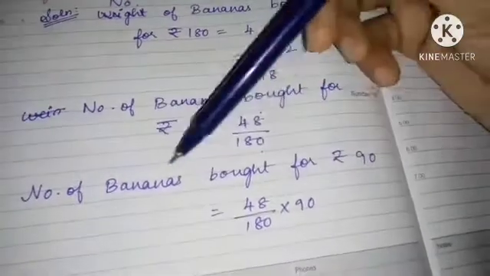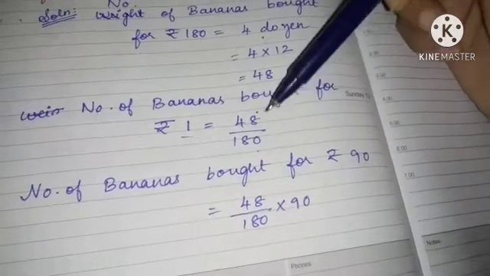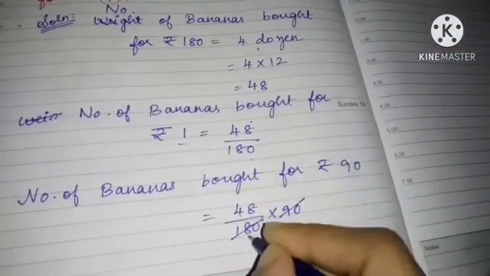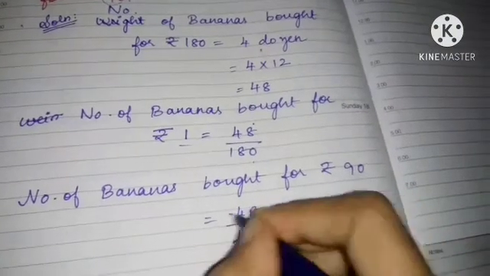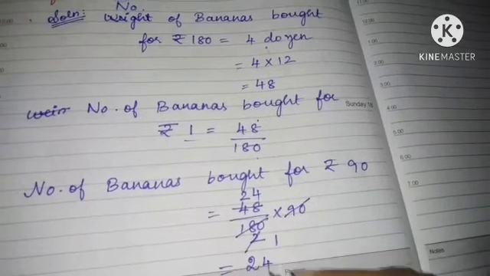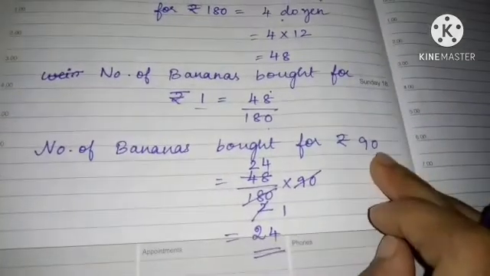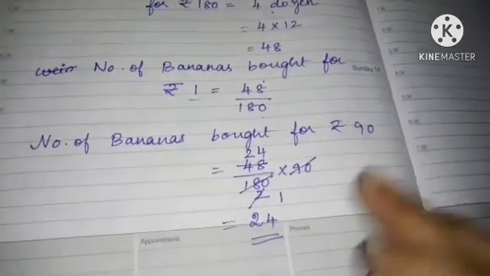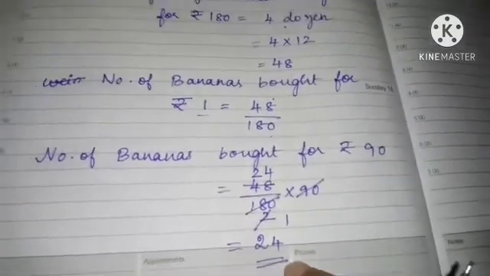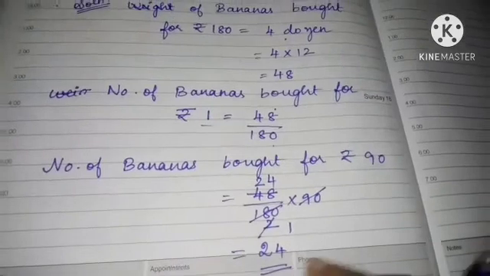Number of bananas bought for rupees 90 means 48 by 180 into 90. 1 times, 2 times. Then 2 ones are 2, 2 twos are 4, 2 fours are 8. So, you will get 24 bananas for 90 rupees. Okay, this is your question. Understood?